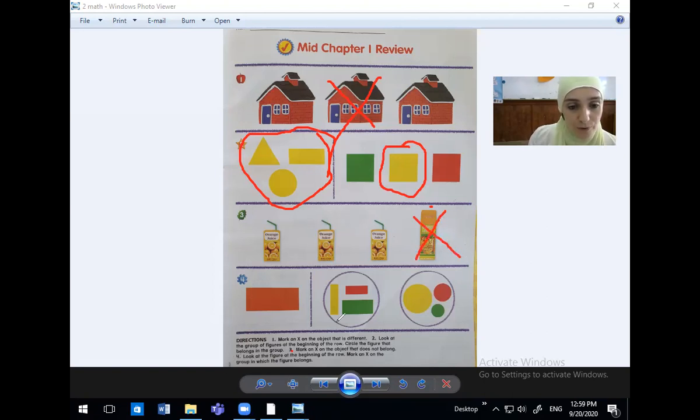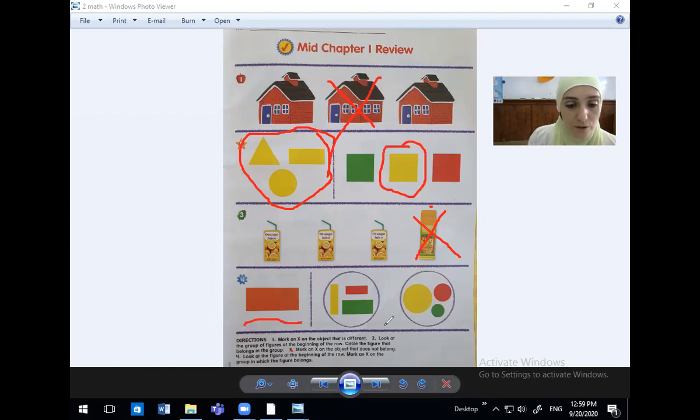And number 4, the last line, look at the figure at the beginning of the row. So this is the beginning of the row. This. Mark an X on the group in which the figure belongs. So this figure, red rectangle, long red rectangle, in which group of figures you can find this rectangle?